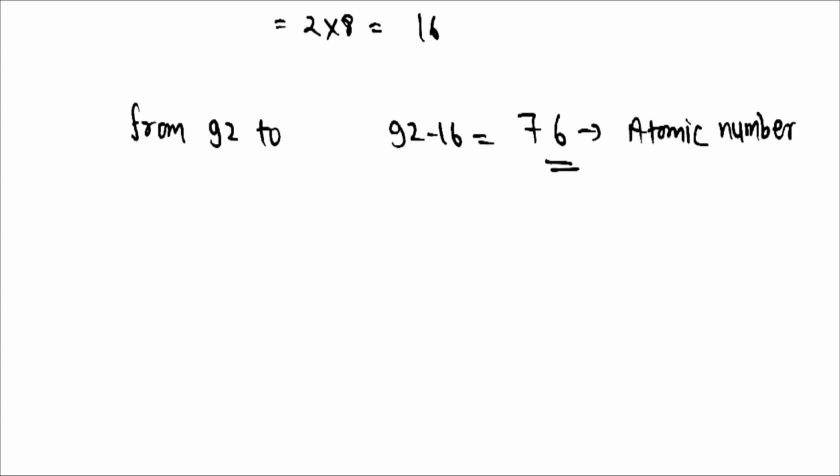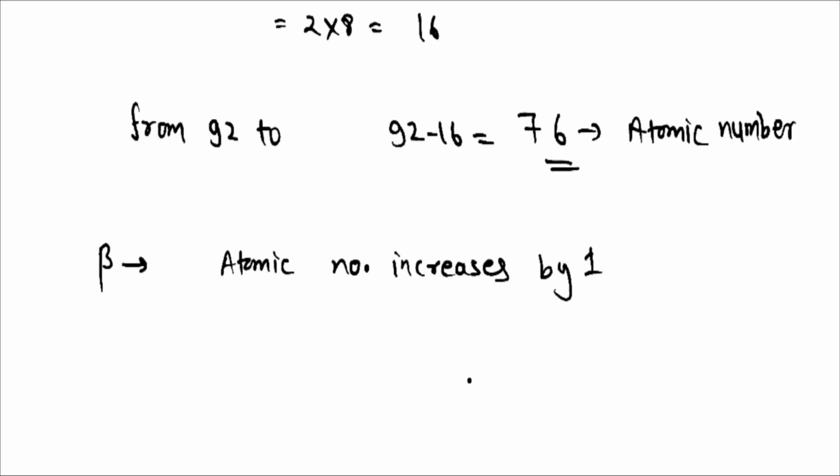So let us talk about the beta particle. When a beta particle is emitted, the atomic number increases by 1.